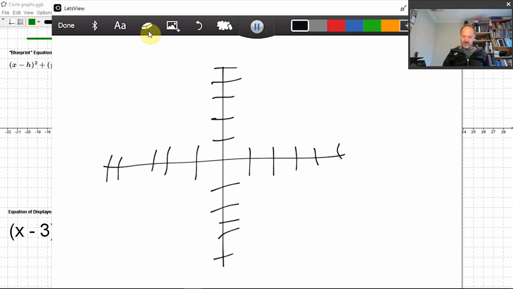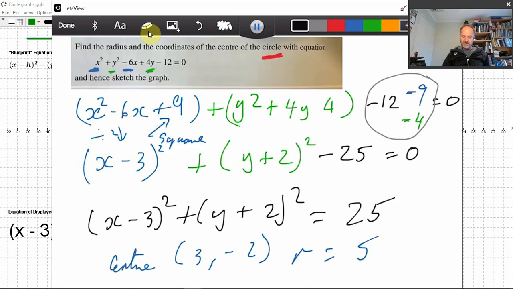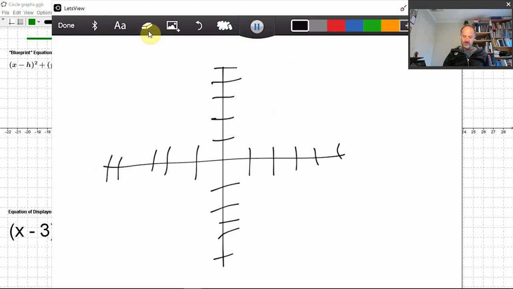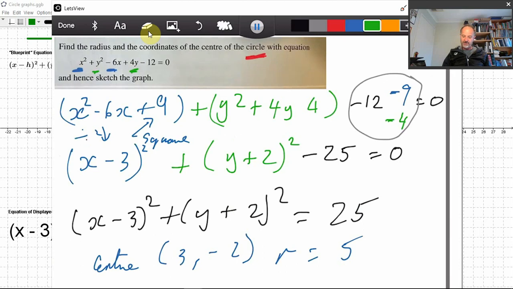All right, so let's get back. Where were we? (3, minus 2). There's our centre, and our radius is 5.